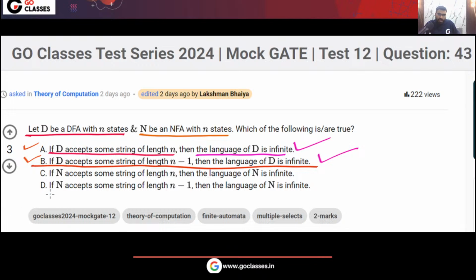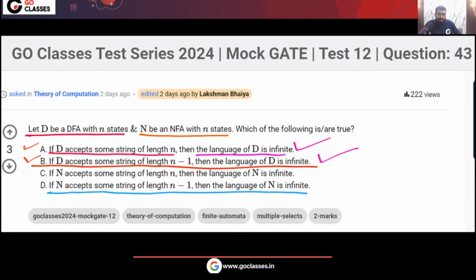What about NFA? Let me know. Let's see this option number D. Is this option number D correct? Please tell me. If an NFA is accepting some string of length n minus 1, then can I say the language will be infinite?